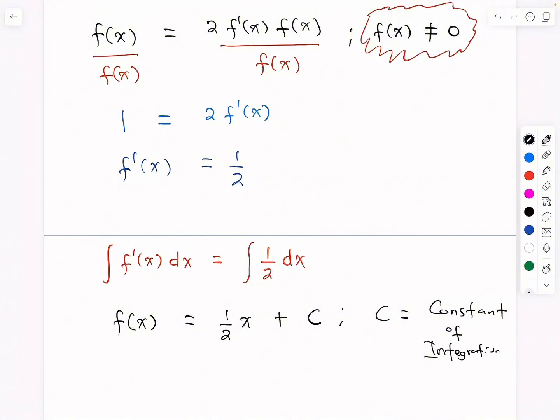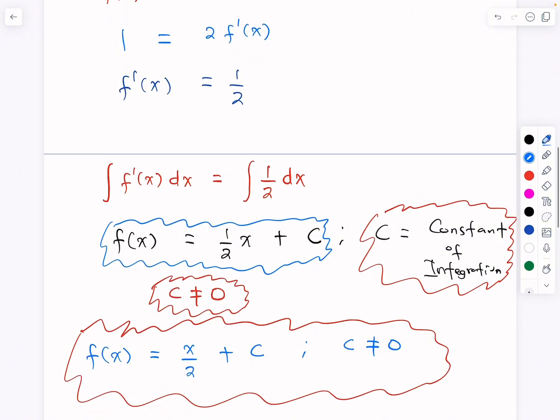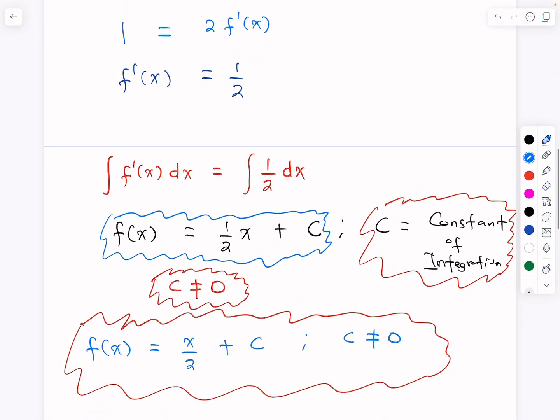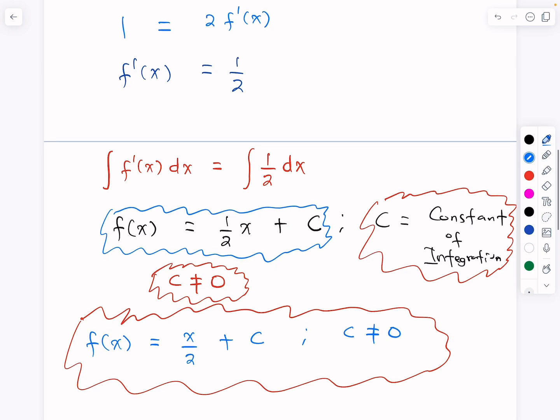In fact, what we just got is called the family of all antiderivatives of a function f. These are called indefinite integrals. For my final answer, I would put a restriction that c should not equal 0.